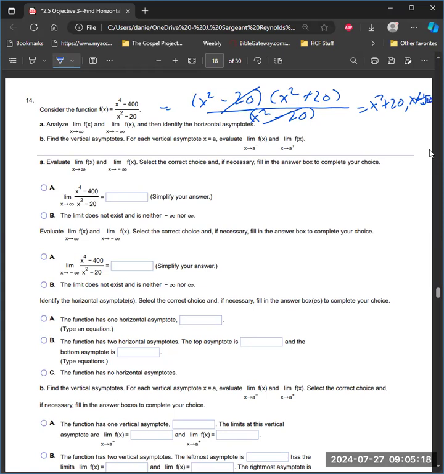And this is going to have no horizontal asymptote. This is going to go to positive infinity. This is also going to go to positive infinity on both sides, since it's got an even power like that.